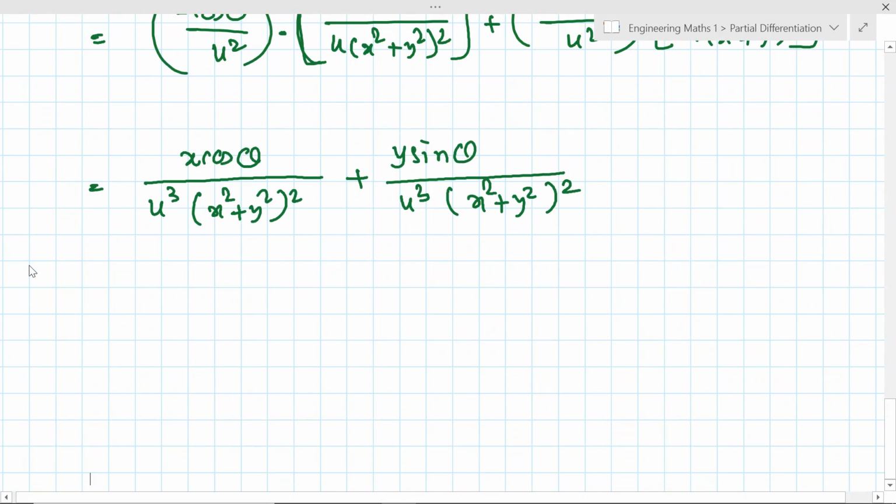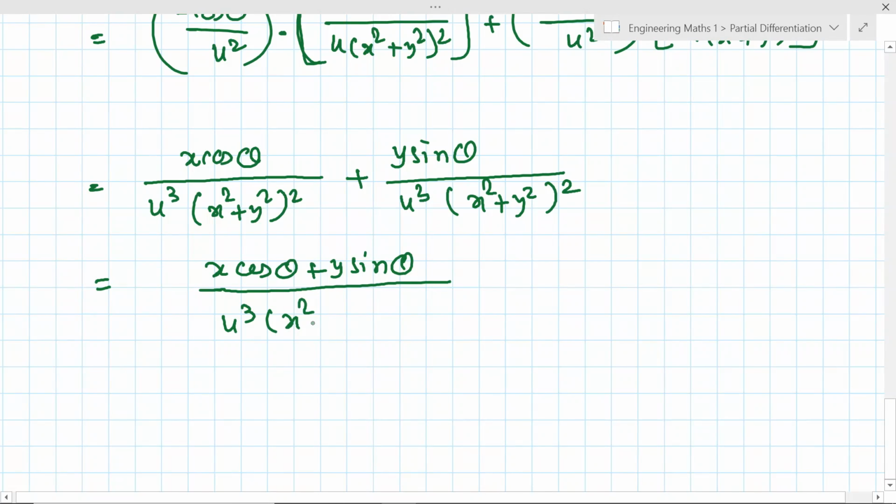Okay, and this is equal to, LCM is same, take the addition of numerators: x cos theta plus y sin theta, divided by u cube into (x square plus y square) bracket square.